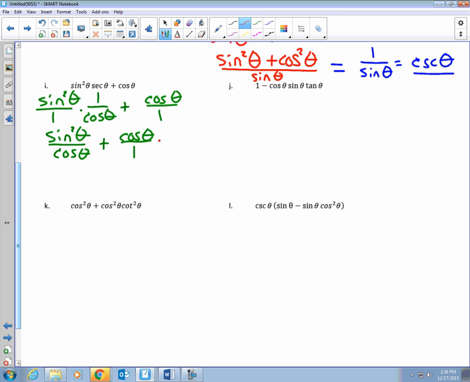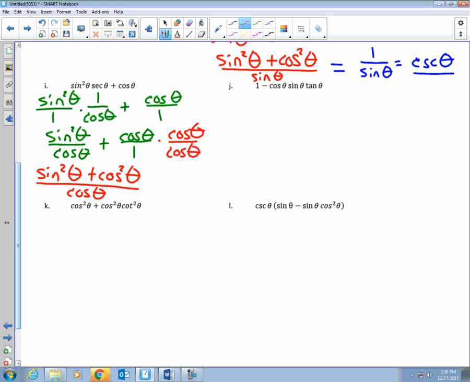Now, I need a common denominator. I'll multiply top and bottom by cosine. Got sine squared plus cosine squared all over cosine.